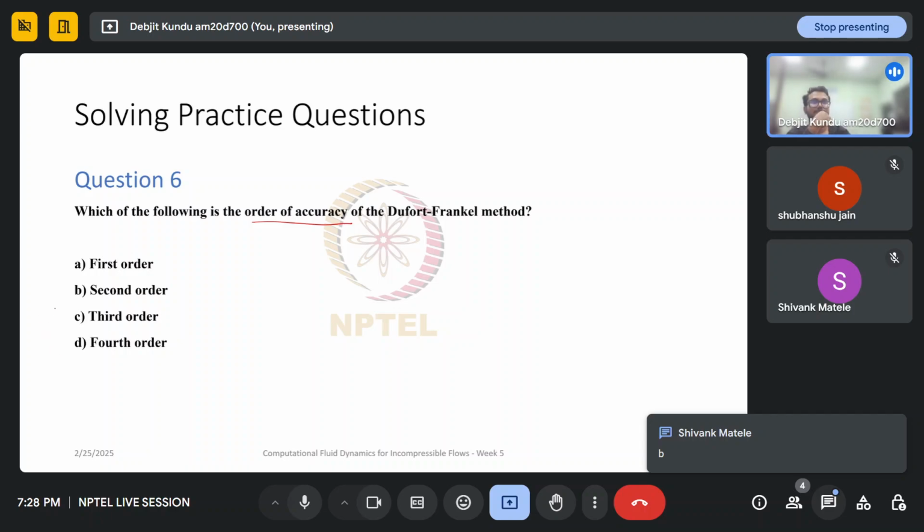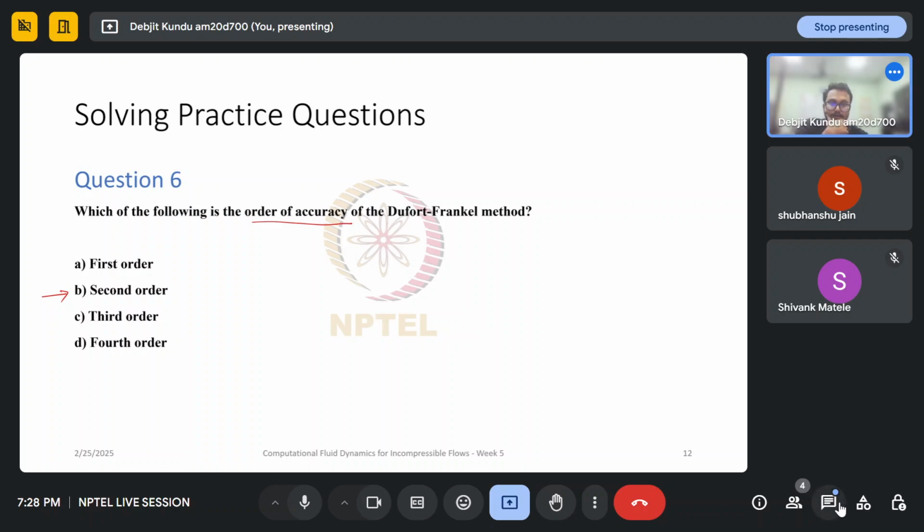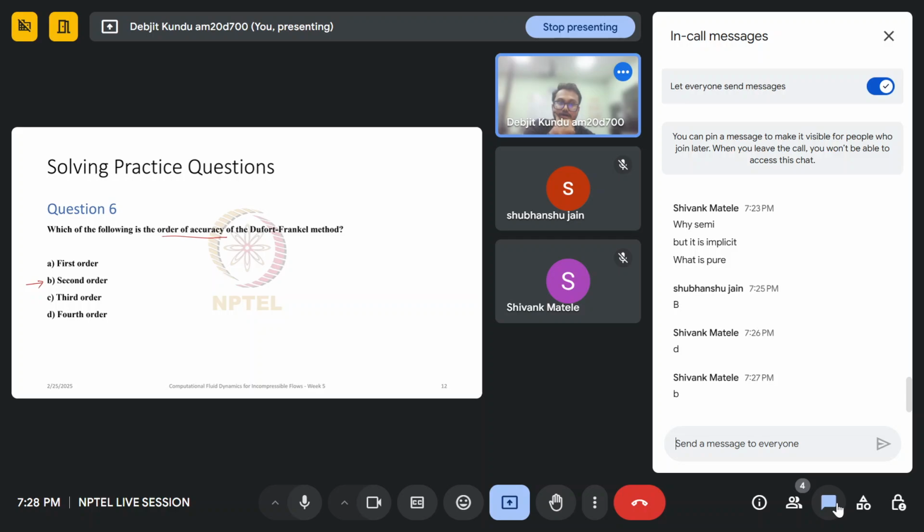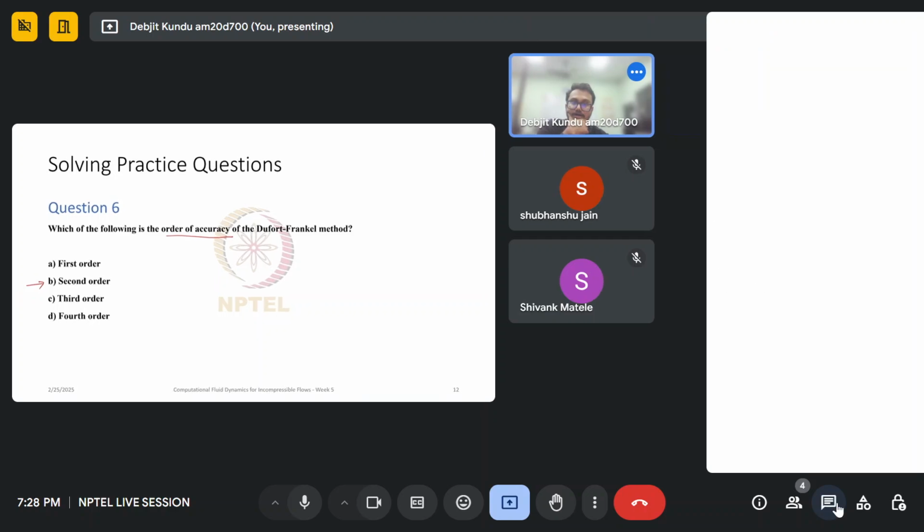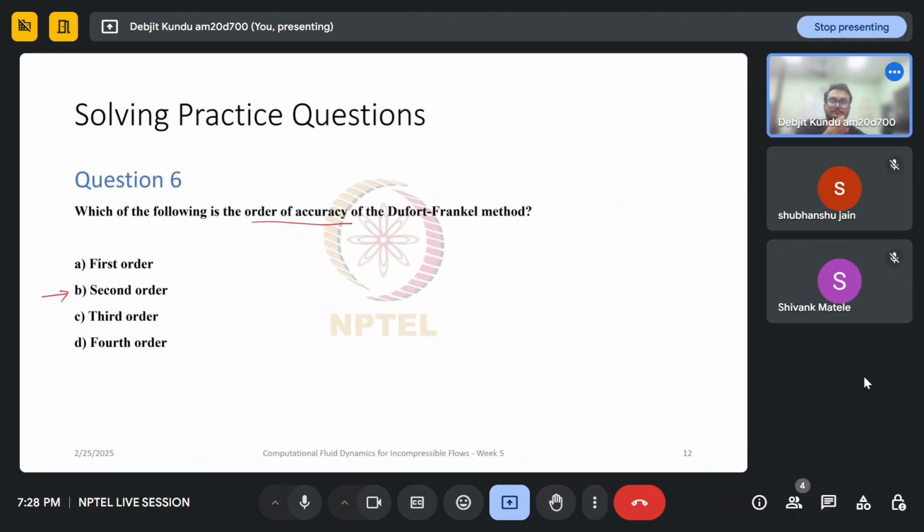Okay, so we have one response in favor of option B. Okay, let's take a look at the solution. It's actually second order, so that's something that we saw in the previous slide as well.